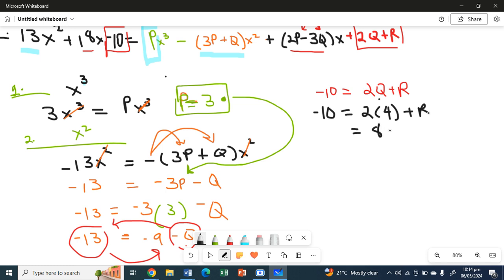To get the value of r, we just group like terms together. Here we've got a negative 10, and here we've got a positive 8. So we take this 8 over the equal sign, so it's negative 10 minus 8 equals r. Negative 10 minus 8, you get negative 18. So r equals negative 18.